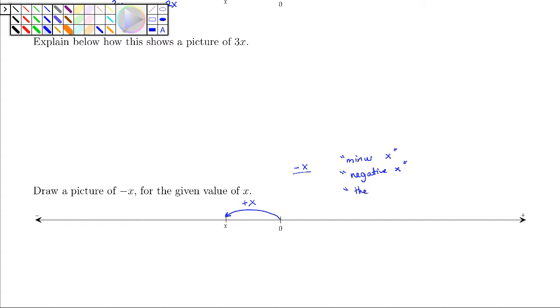Remember, we use that minus symbol to also indicate the opposite of a number. And calling it negative x, I've seen that trip a lot of people up because if they say it's negative x, they want that to be a negative number. But if x is a negative number, then negative x would be a positive number. So calling it negative x can lead to confusion.